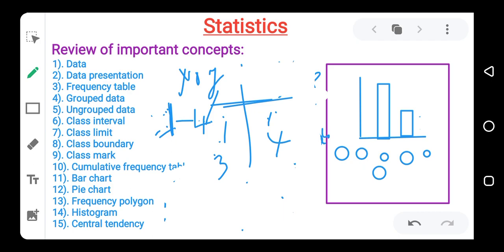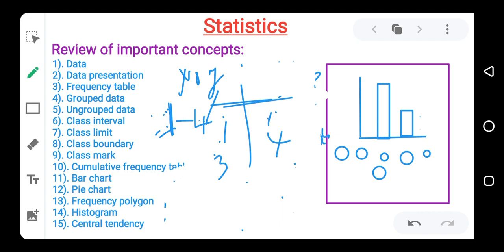If you approximate 0.5, we take it to be 1. So 0.5 is the lower class boundary for this. That is the smallest number you approximate to get to the class interval. Now, the highest number that you will approximate to leave the class is 4. So what can you approximate to leave for?